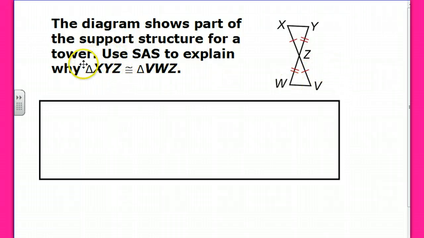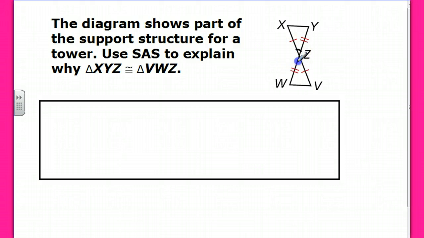And we know that ZX is congruent to ZV because it's given. And then what do we know about this angle here that's between these two given sides? Well, we know it's a vertical angle with this angle here, right? So XZY is congruent to WZV. We can use a little mark to show that.